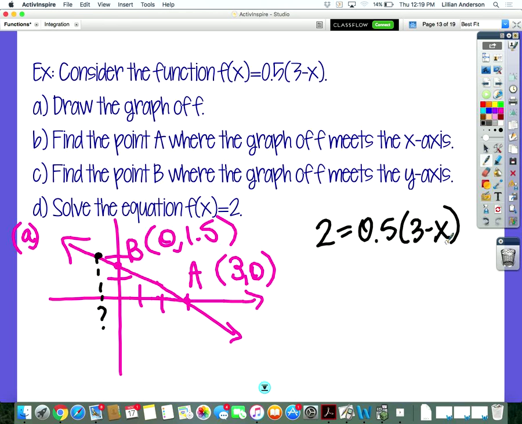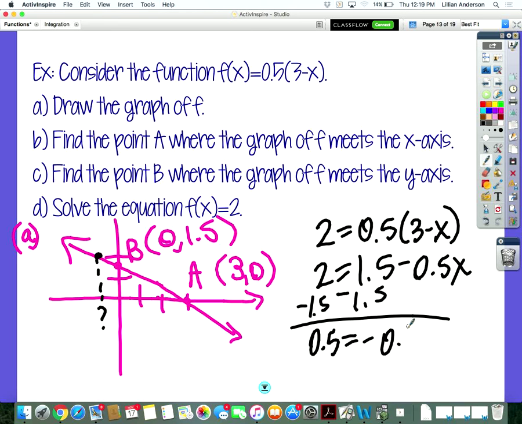So we're gonna solve this out all together. What do we do here? How do we solve for x? Well, first you distribute. Okay, so then what's half of 3? 1.5 minus 0.5x. Now what? Subtract 1.5. What's 2 minus 1.5?